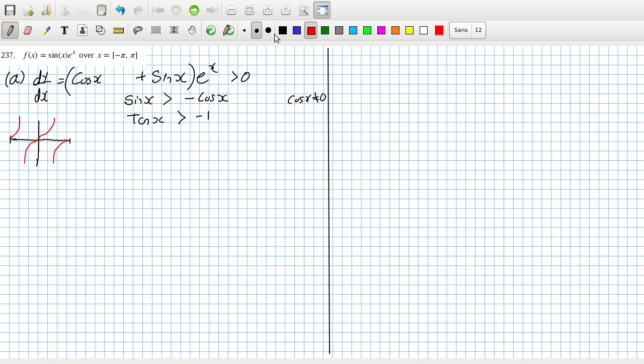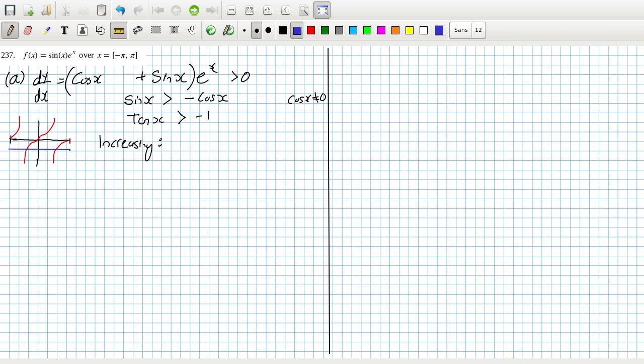So increasing, let's see now, that's when tan x is more than minus 1. So let's just put a minus 1 line in here.